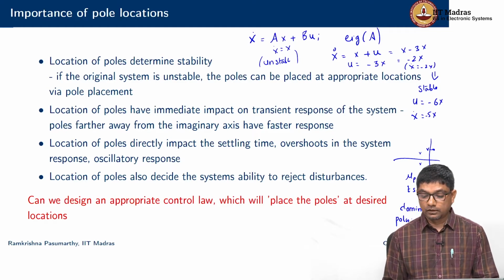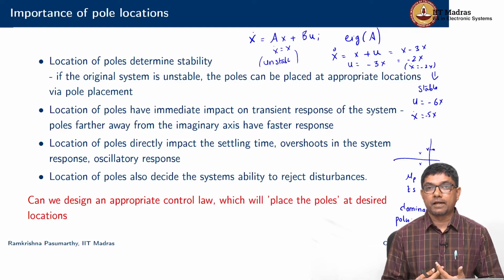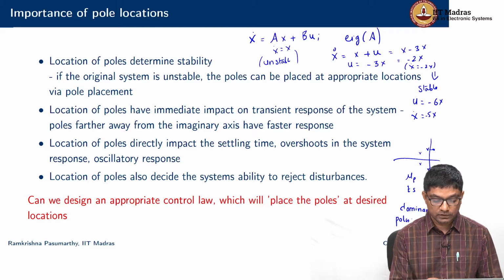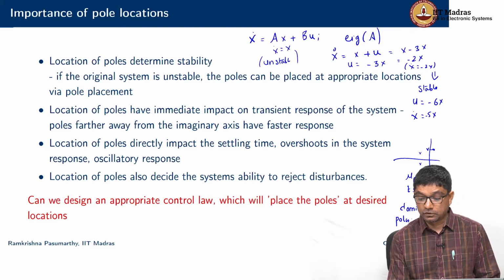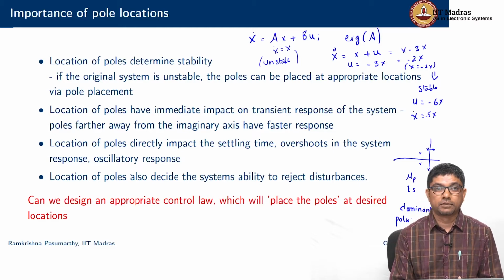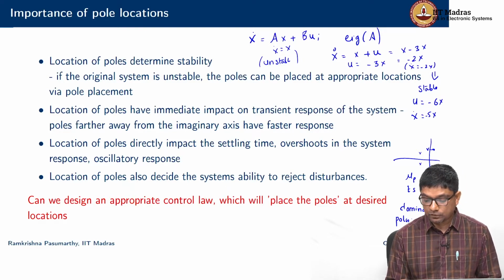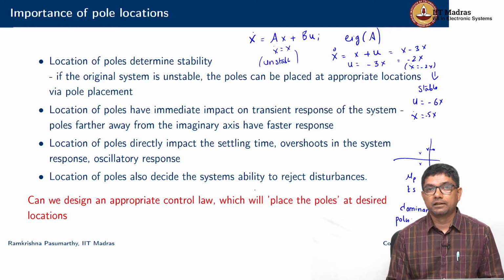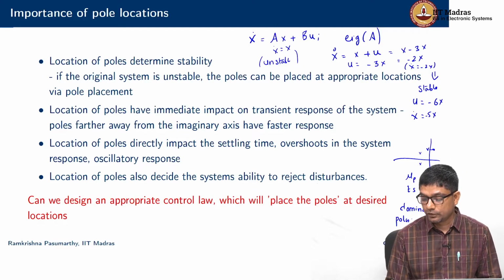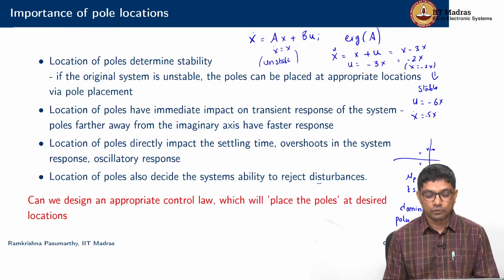So, the location of poles directly impacts the settling time, the overshoots, and whether the system is oscillatory or non-oscillatory and so on. The location of the poles also decides the ability to reject disturbances. We won't explicitly do this, but we will implicitly check what these things mean.